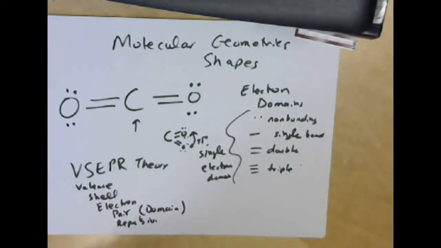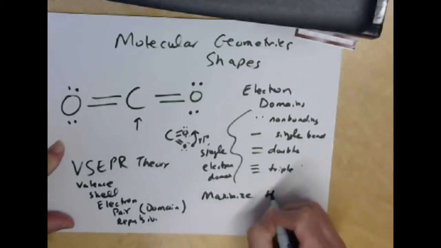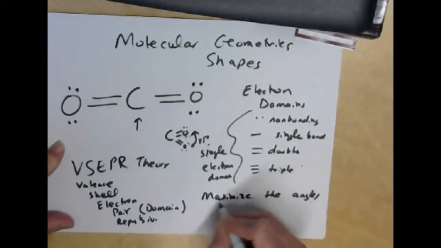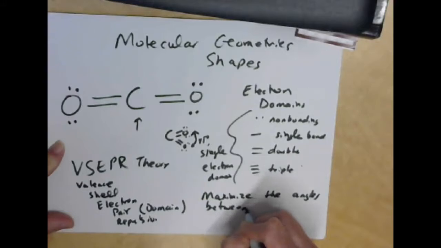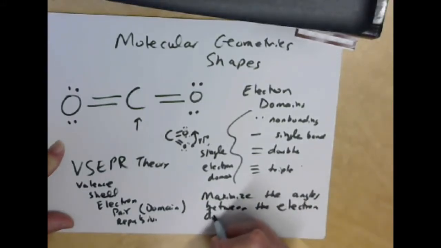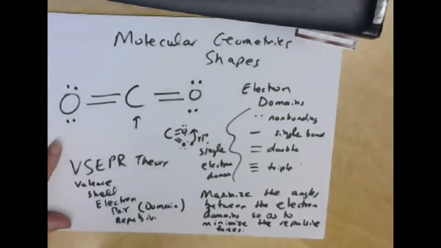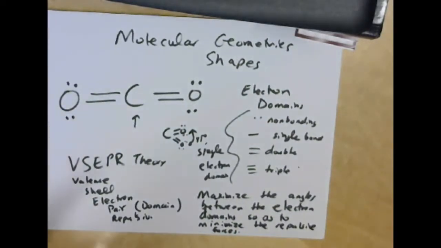And so we want to maximize the angles between the electron domains so as to minimize the repulsive forces. That's what valence shell electron pair repulsion theory is all about.